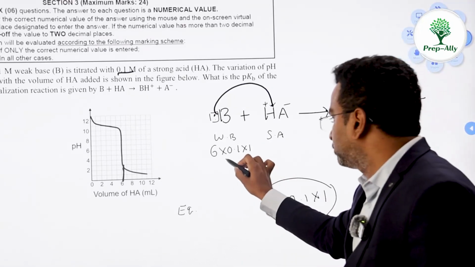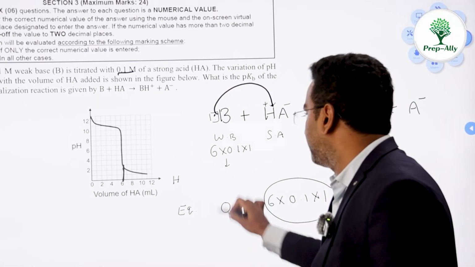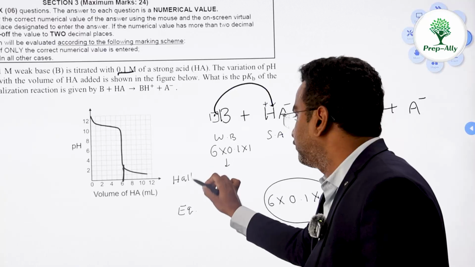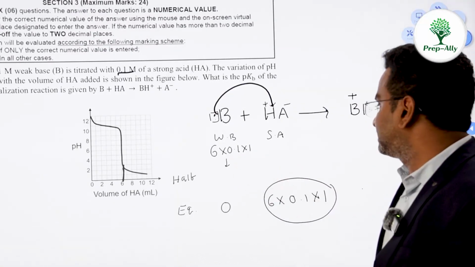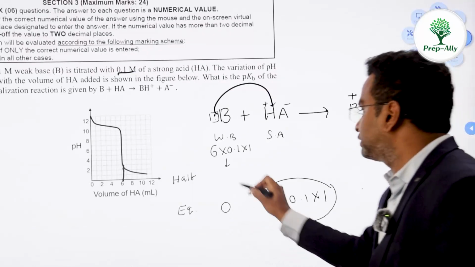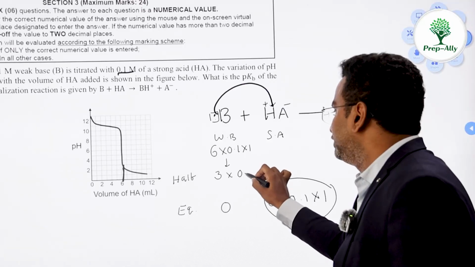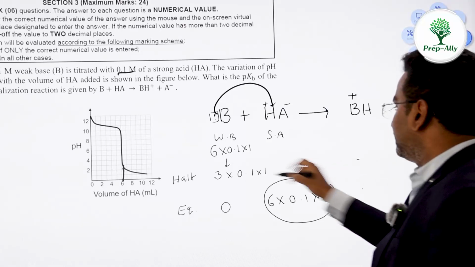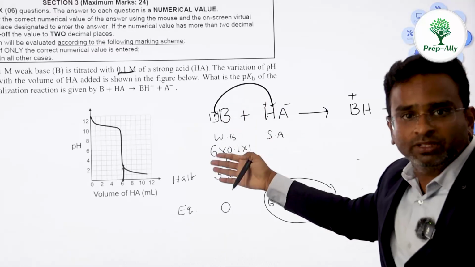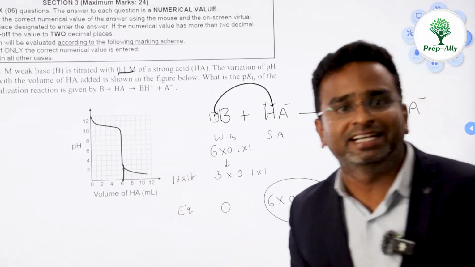Now, the half equivalence point: out of 0.6 equivalents, half equivalence point means 3 ml, that is 3 into 0.1 into 1. Half of the equivalents of this weak base reacted, which forms the corresponding conjugate acid.